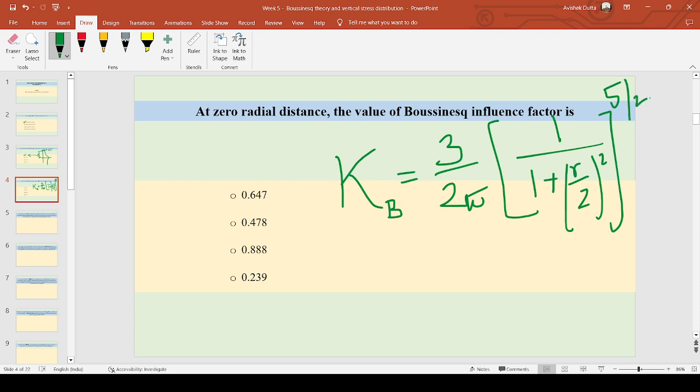Yes, it is 5 by 2. So at zero radial distance, that is r equal to 0, 1 plus 0 is 1. So the value will be only 3 by 2 pi, and 3 by 2 pi will give us a value of 0.4775 or 0.48.